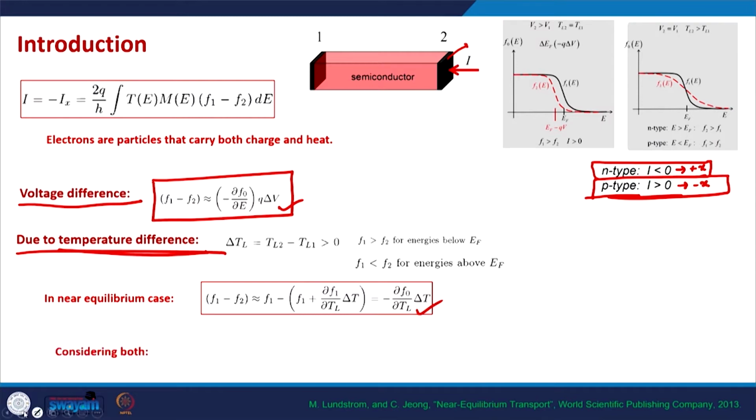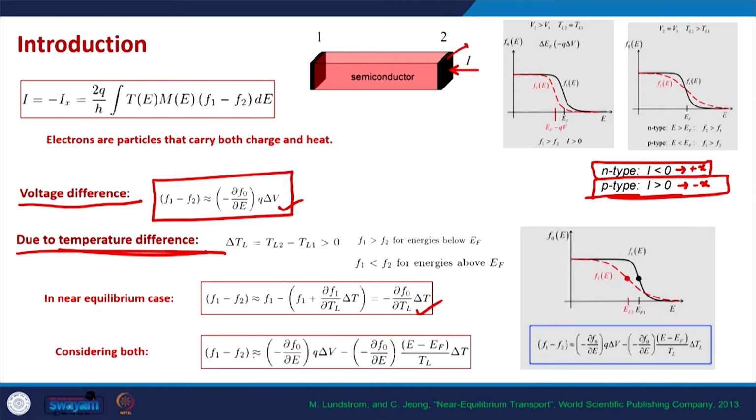So in that case F1 minus F2 will be given by minus del F by del E times Q times delta V from here, and this minus del F by del T becomes minus del F by del E into (E minus EF) by TL times delta TL. So this we derived in our previous class, if you recall.